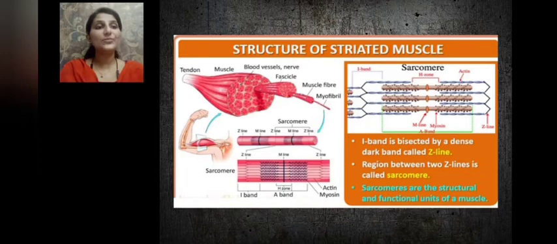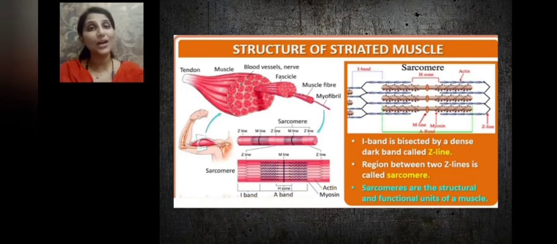This is one Z line present in the center of the I band, and this is the next consecutive I band which is again bisected by a Z line. The region between these two Z lines is called a sarcomere. The sarcomere is the structural and functional unit of a muscle. So the sarcomere is the region between two consecutive Z lines.